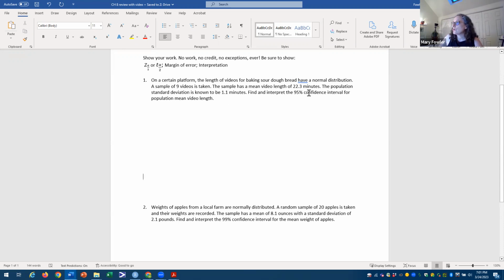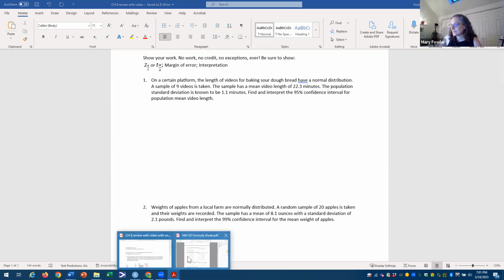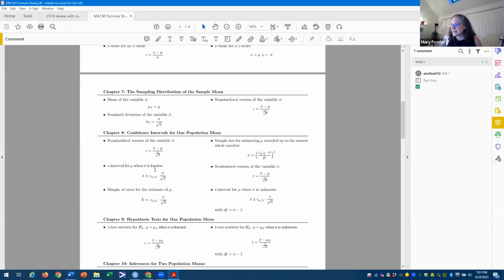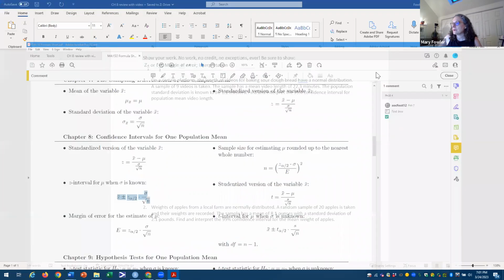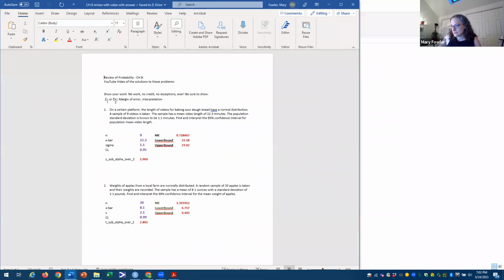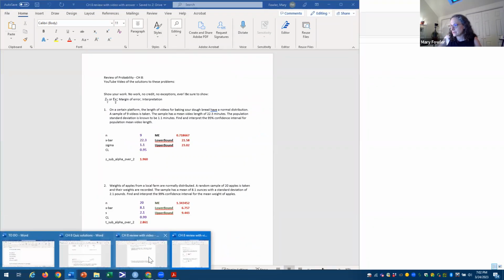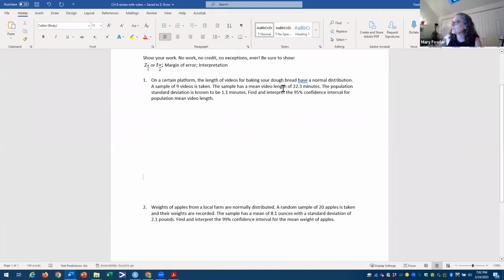Okay, and so the question is, is sigma known? Because if sigma is known, then we'll do the Z interval. If sigma is unknown, then we would do T. So look back here and we'll see.